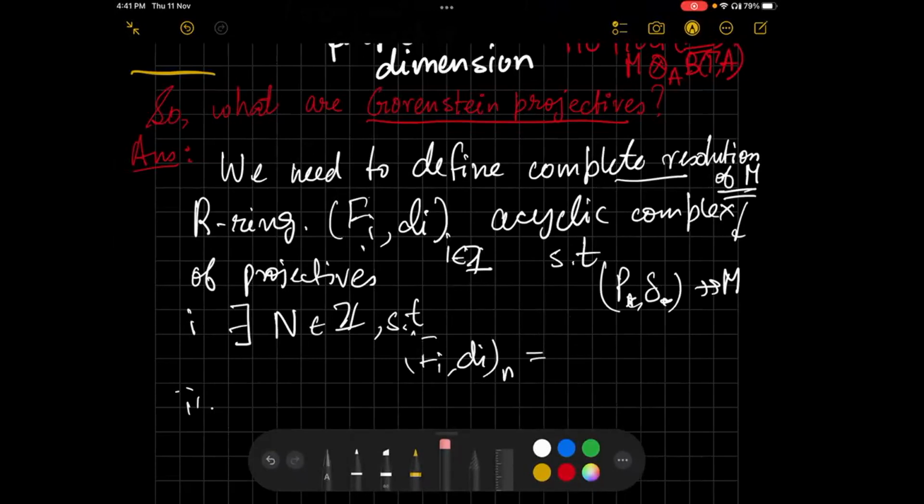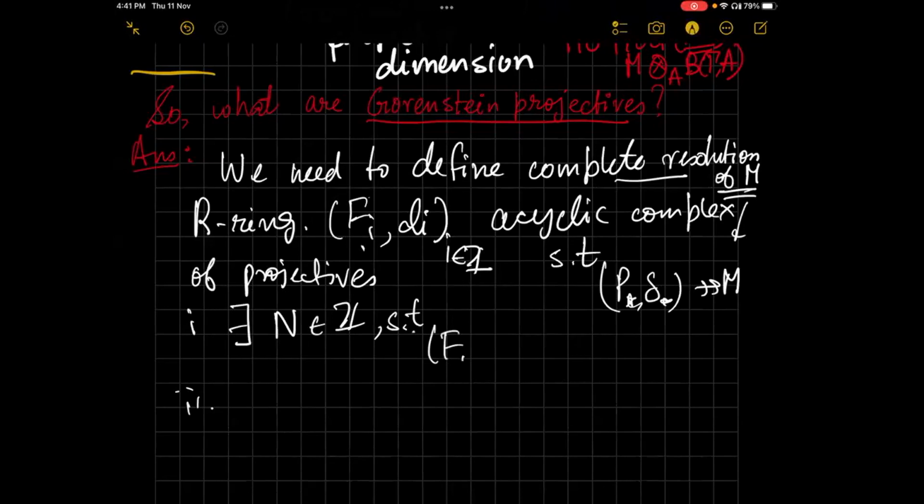Such that the complete resolution beyond N coincides with the projective resolution beyond N. This is standard enough.